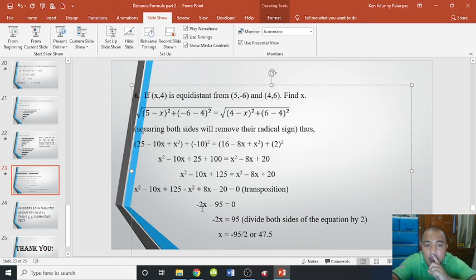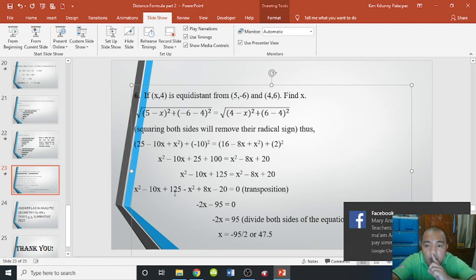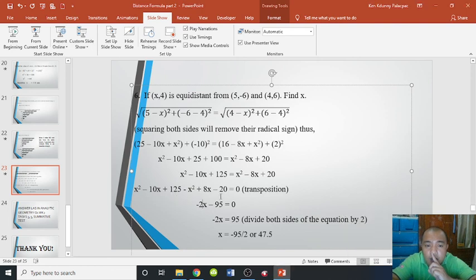Negative 10x plus 8x is negative 2x. Then we have 125 minus 20, that's 105. So, negative 2x equals negative 105.